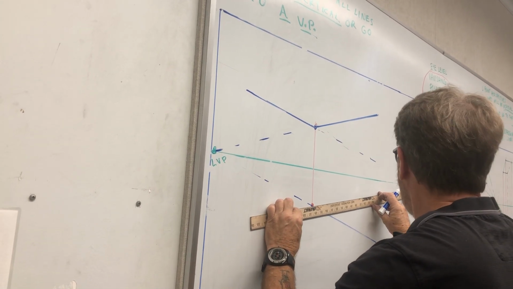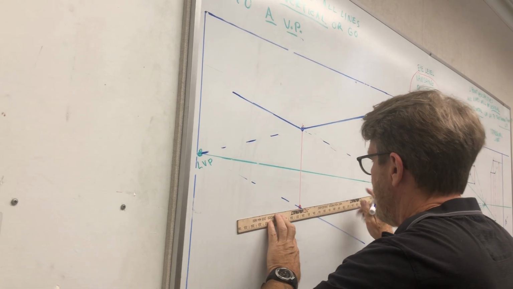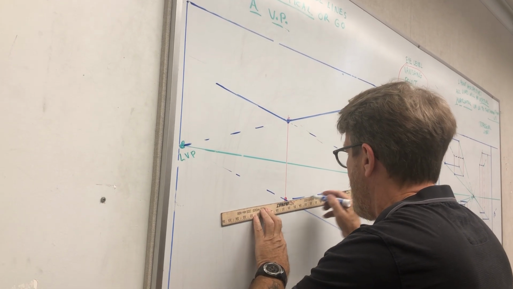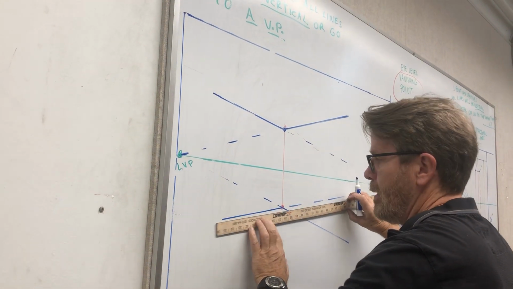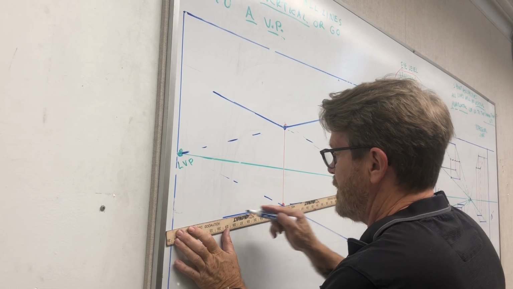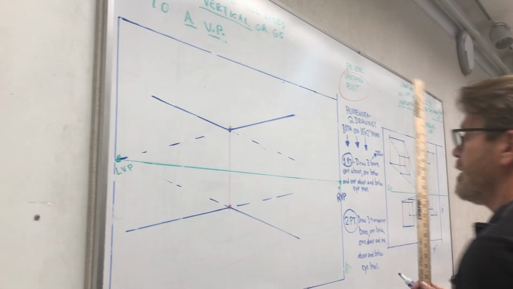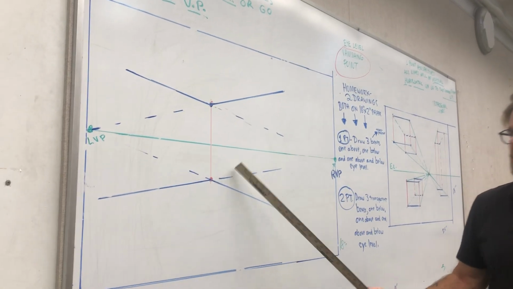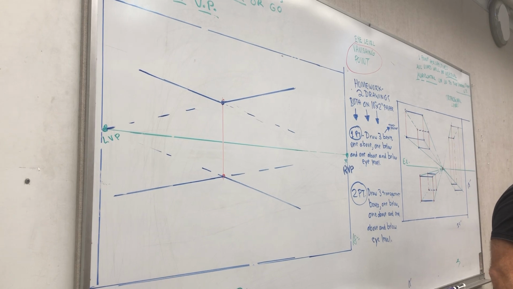I don't mean it's not going to the right vanishing point, but sometimes we can say going to or coming from. So what we've established here now is a ceiling, a floor, a right wall, and a left wall. After I erase some more lines, it'll be a little more clear.